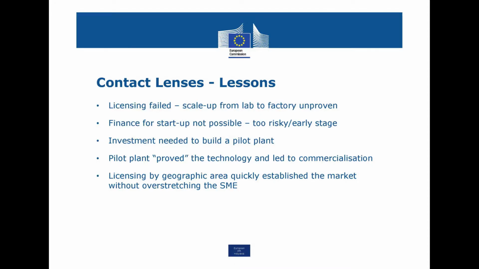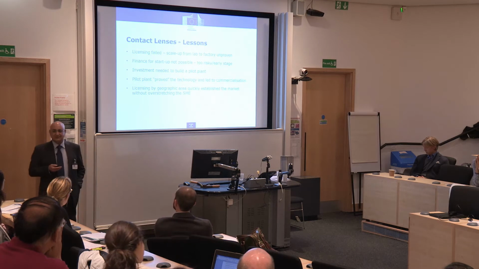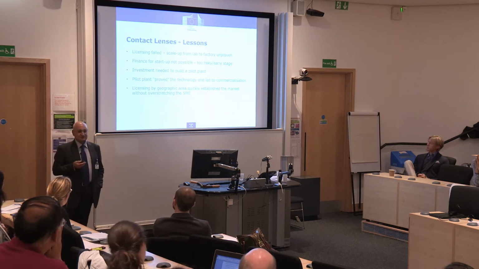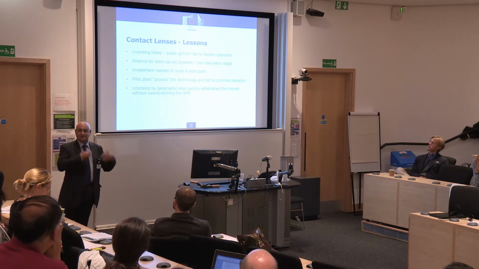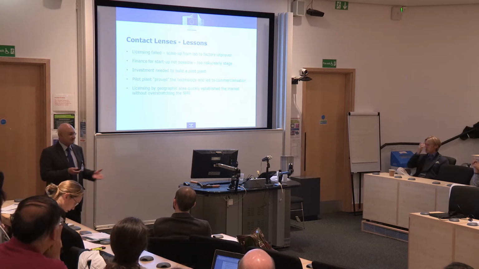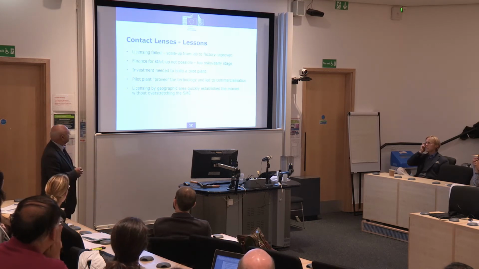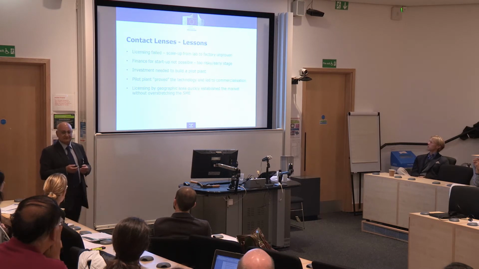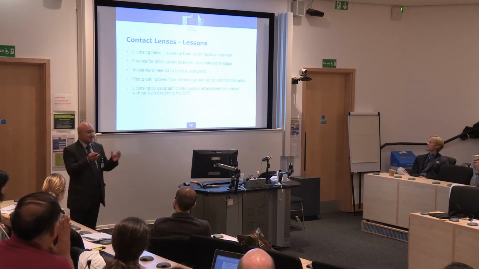The lesson you try to learn from that is that licensing in the early days failed because we weren't really able to demonstrate it would work at industrial level. The case couldn't be convincingly made at that stage. And again, finance for startup was not easily coming because people were skeptical.